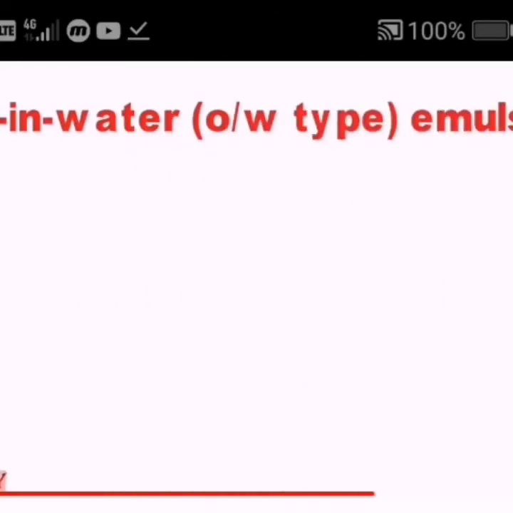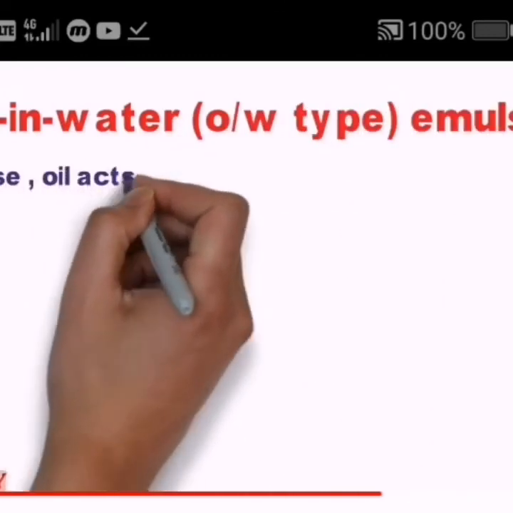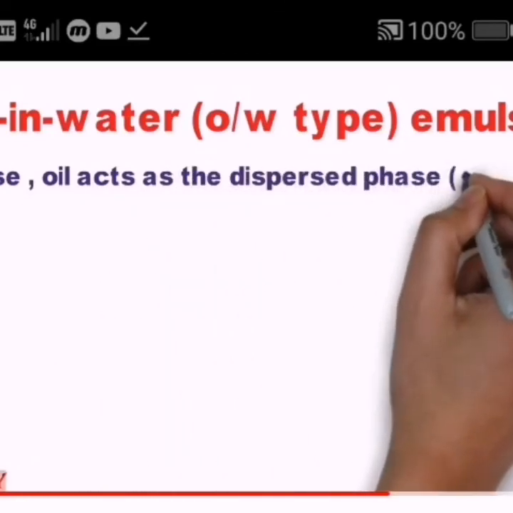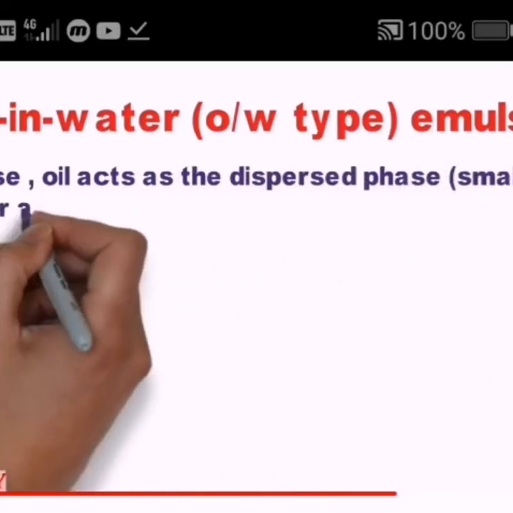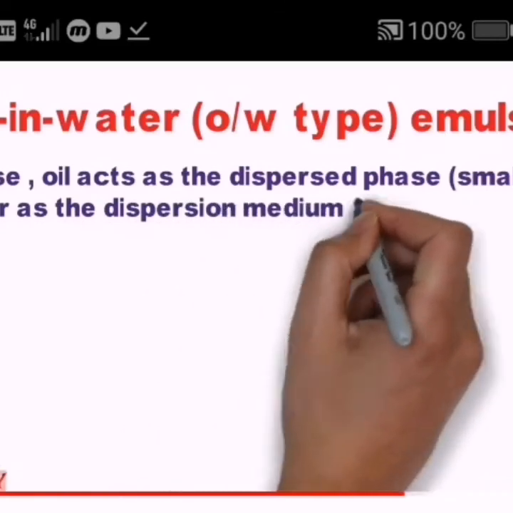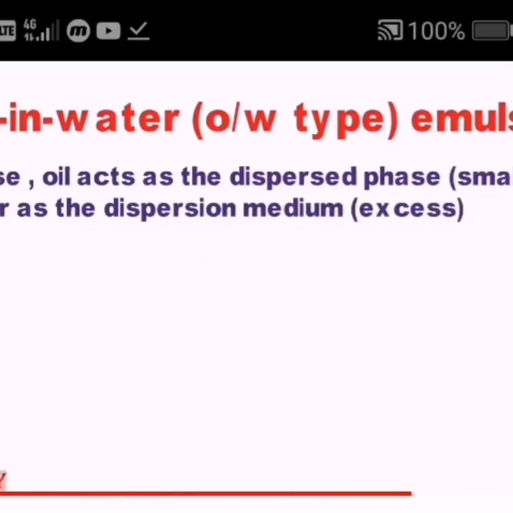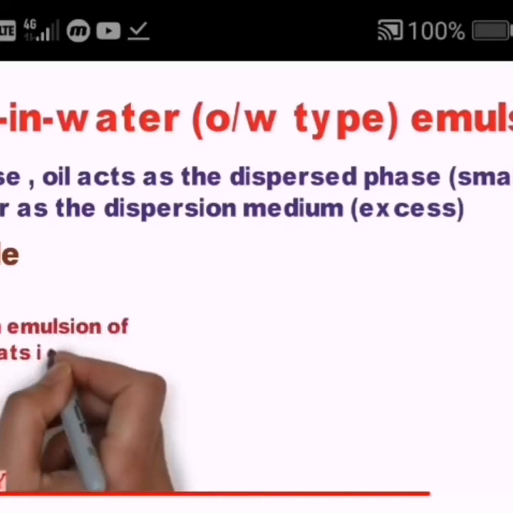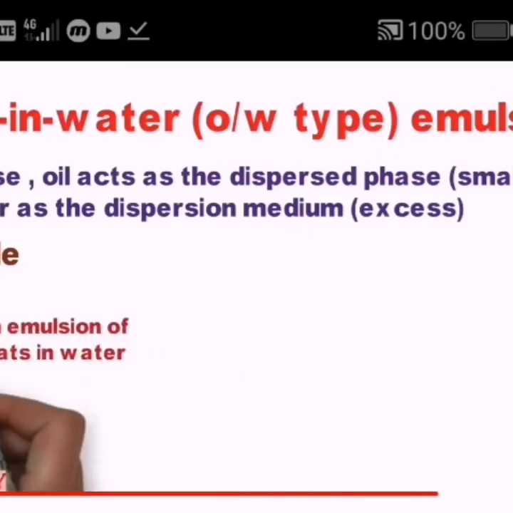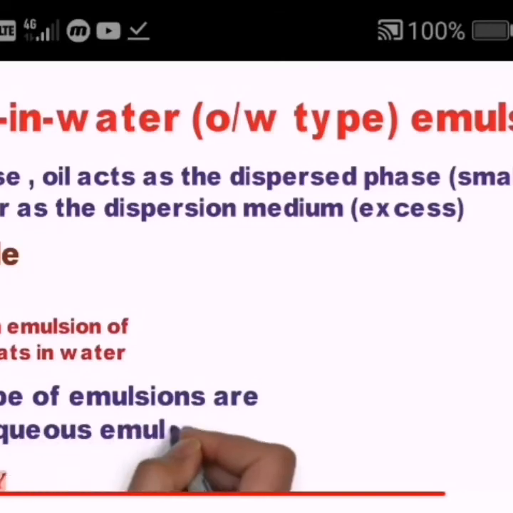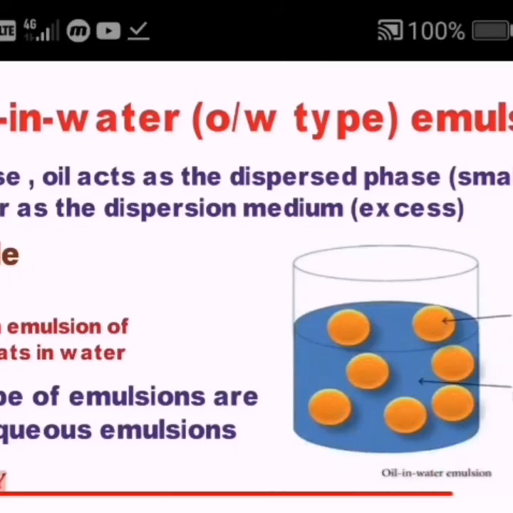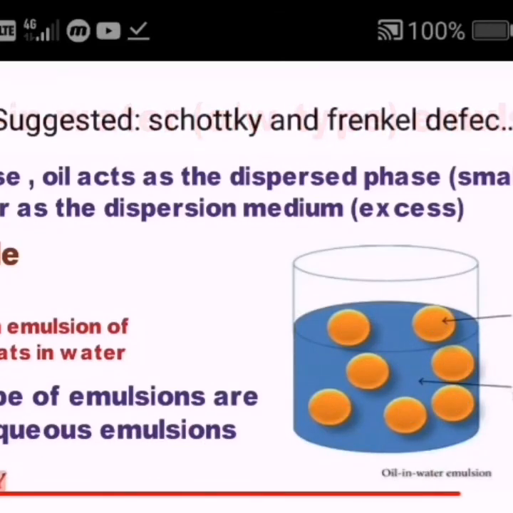In this case, oil acts as the dispersed phase, which is in small amount, and water as the dispersion medium, which is in excess amount. Example: milk is an emulsion of soluble fats in water. Such types of emulsions are called aqueous emulsions. When we see oil dispersed in water, here oil acts as the dispersed phase and water acts as the dispersion medium.